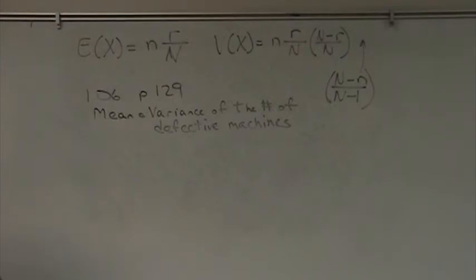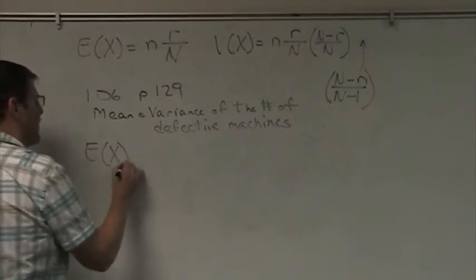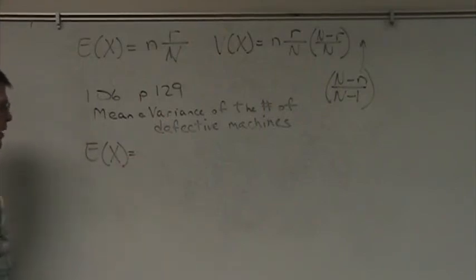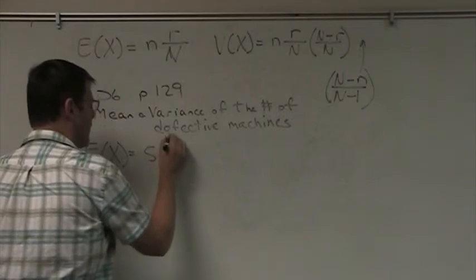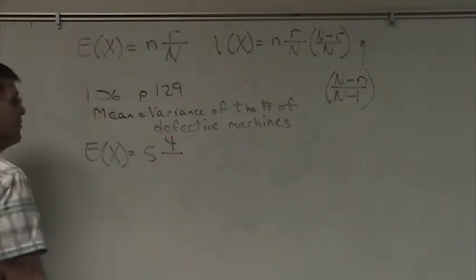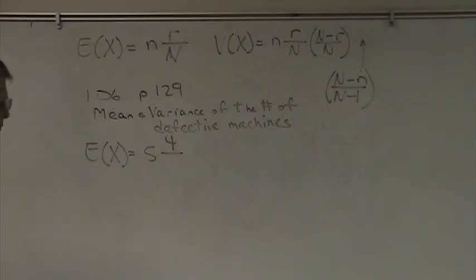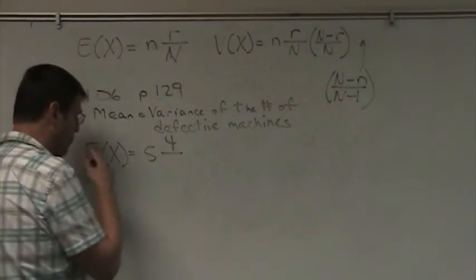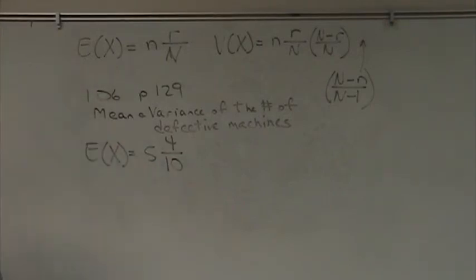So plugging in our values for that problem, we have the expected value of x equals, well, we have a sample size of 5. In the population, there were 4 defectives. And remember, we're looking at defectives here, so we've switched what the value of r is. In the previous problem, we were actually calculating non-defectives. Here, we're looking at defectives. So that's why r is 4. And capital N is 10. That was our population size.